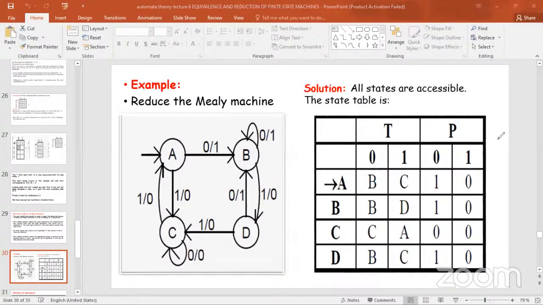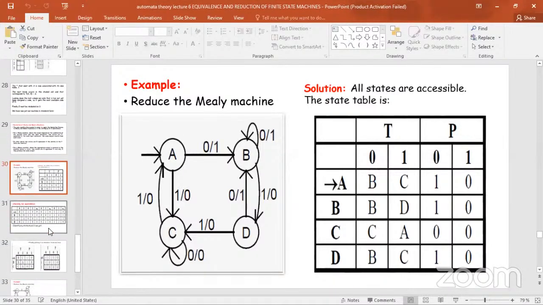Of course, I believe you should be able to draw this table, right? Do you still remember how to draw this table? Yes, sir. So the only difference in finding the equivalence is what I'm going to run you through quickly so that you understand what the difference is.